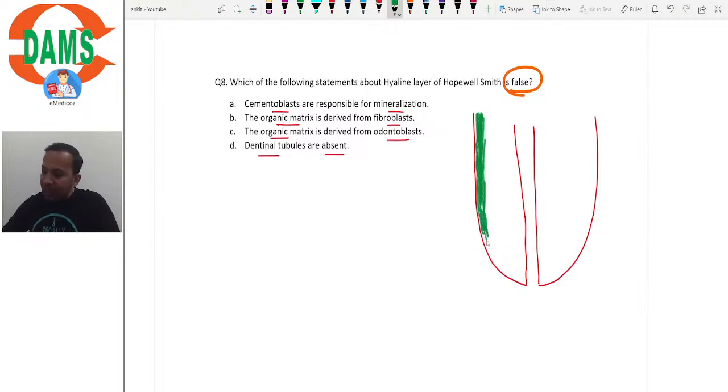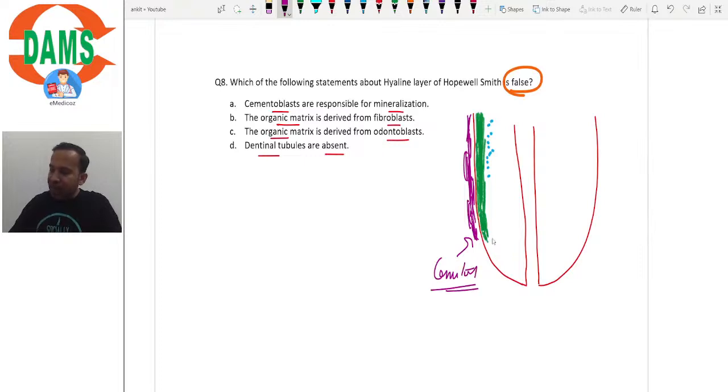We have seen that the Tomes granular layer is seen at the subsurface, which means 20 microns beneath the surface. Outside the surface we have cementum. And this is the hyaline layer, isn't it?